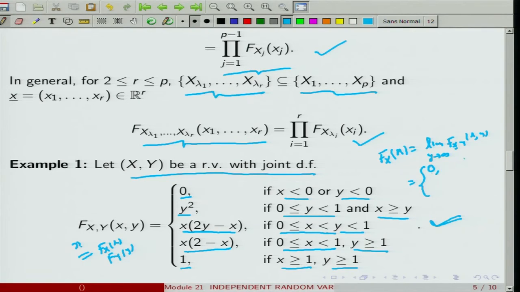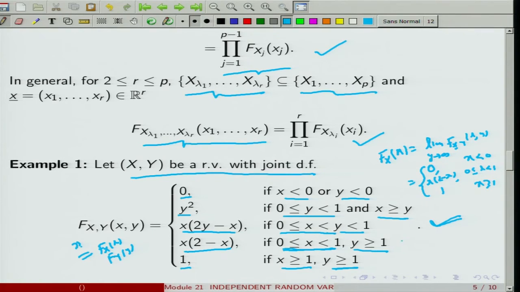So, this will be 0 if x is less than 0. Now, note that if x is between 0 and 1, and I take y going to infinity, I get x into 2 minus x. So, this is x(2 minus x) if 0 is less than or equal to x less than 1. And if x is greater than or equal to 1 and I take y going to infinity, I get 1. So, F_X(x) turns out to be this quantity.